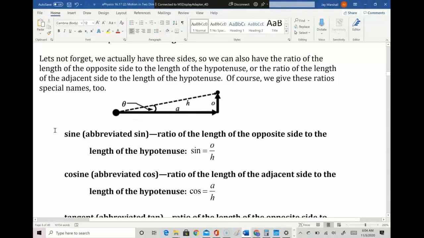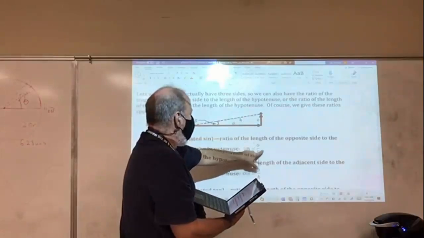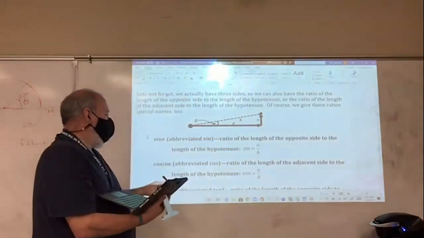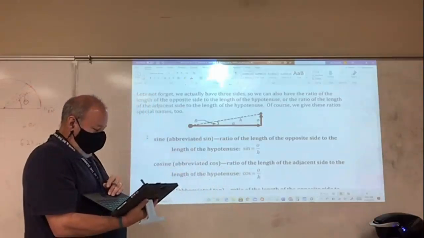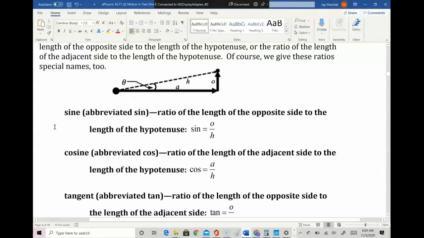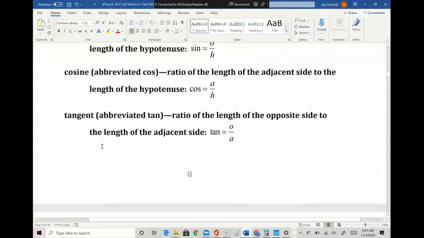We have the ratio of the length of the opposite side to the hypotenuse, or the ratio of the length of the adjacent side to the hypotenuse, and we're going to give these ratios names as well. So we're going to call the opposite over the hypotenuse the sine. We're going to call the adjacent over the hypotenuse the cosine. And again, we've already talked about the tangent.